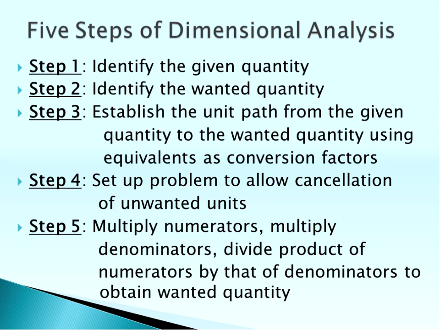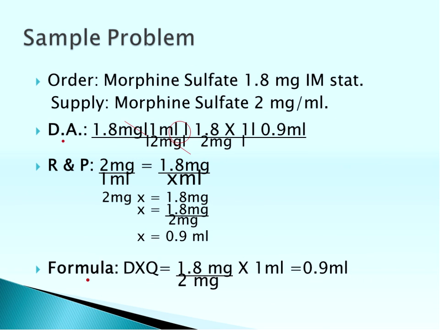Now you can see here are the 5 steps of the dimensional analysis. All they have to do is memorize these. They go on to the left side of the diagram. You want to identify the given quantity. Then you identify the wanted quantity all the way over on the right. I'm going to show you this on a diagram. This is a sample problem.